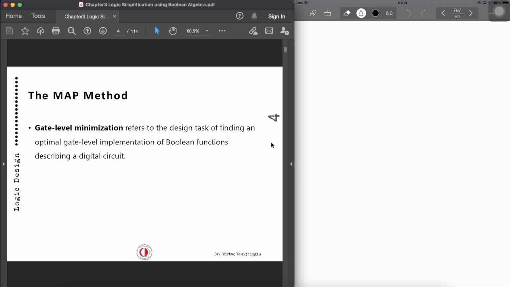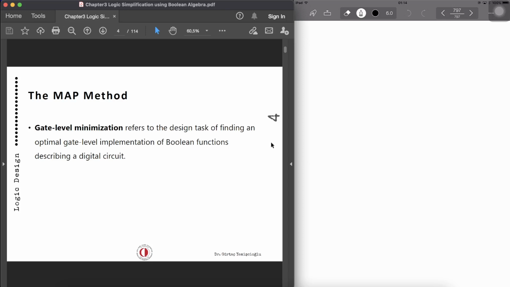We need gate level minimization, and as I already mentioned in the previous chapter, we have to optimize the logic implementation so that we can have an efficient implementation. These optimizations are done on the Boolean function, so we can reduce those Boolean functions to the minimum number of gates and the minimum number of literals.